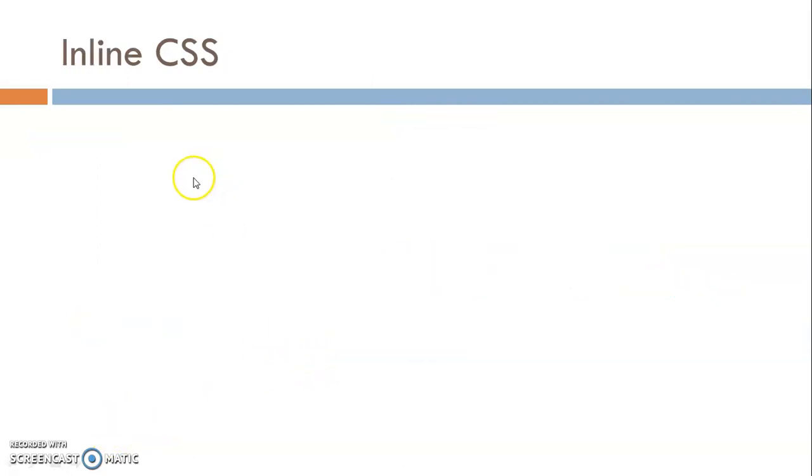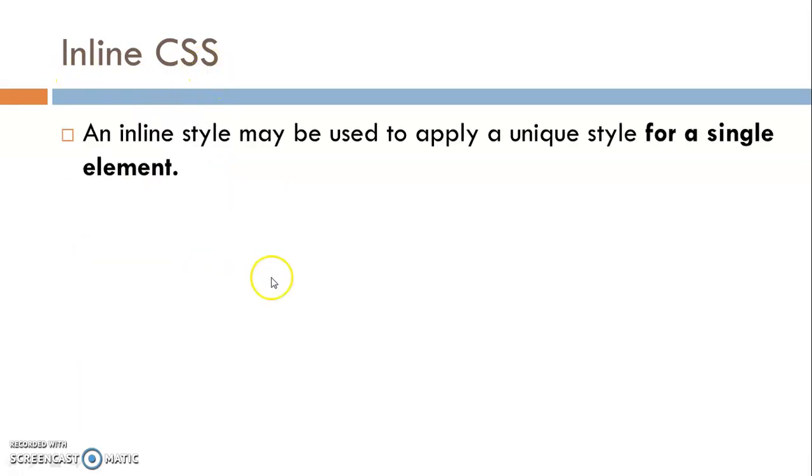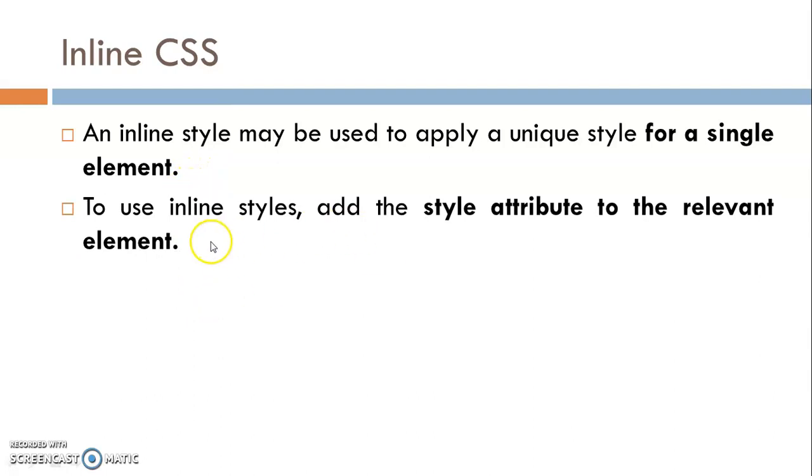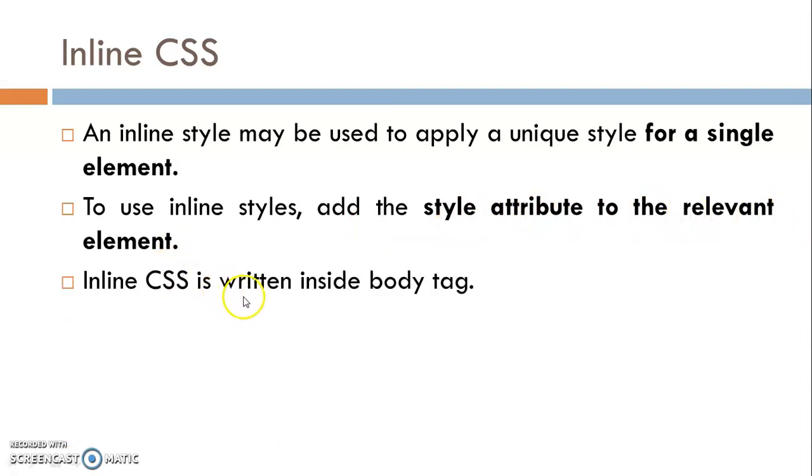Now the next and third type is inline CSS. It may be used to apply a unique style for a single element. For that, add the style attribute to the relevant element, and it is written inside the body tag.